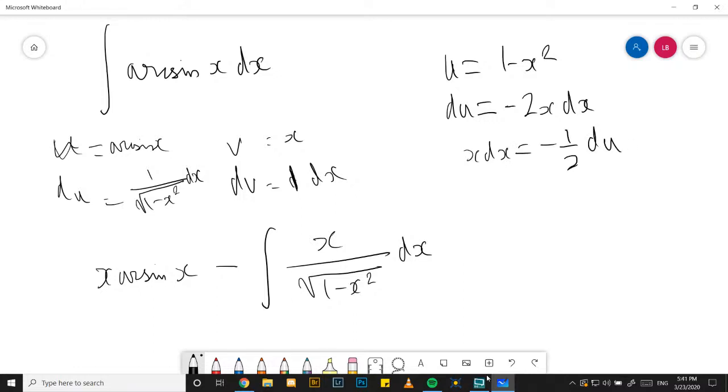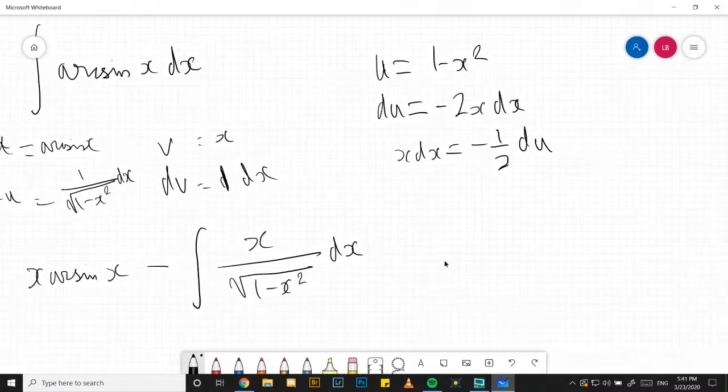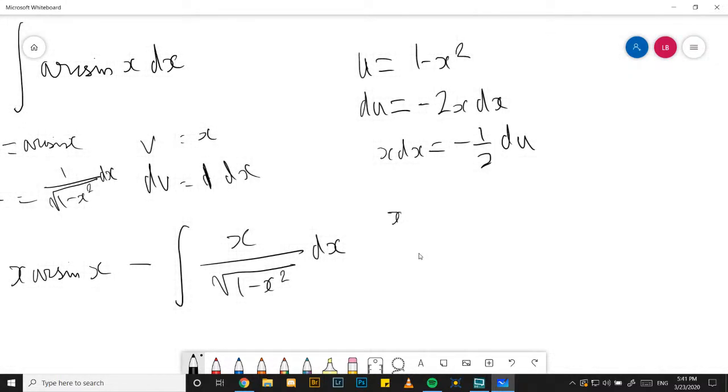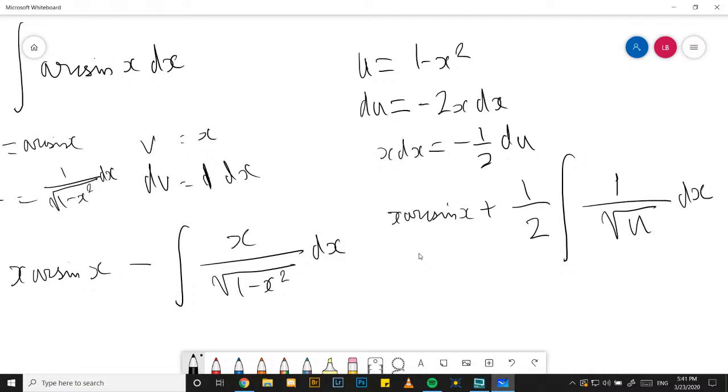So I can change this entire expression into x arc sine x minus, minus half, so it becomes a plus, half the integral of 1 over the square root of u du.